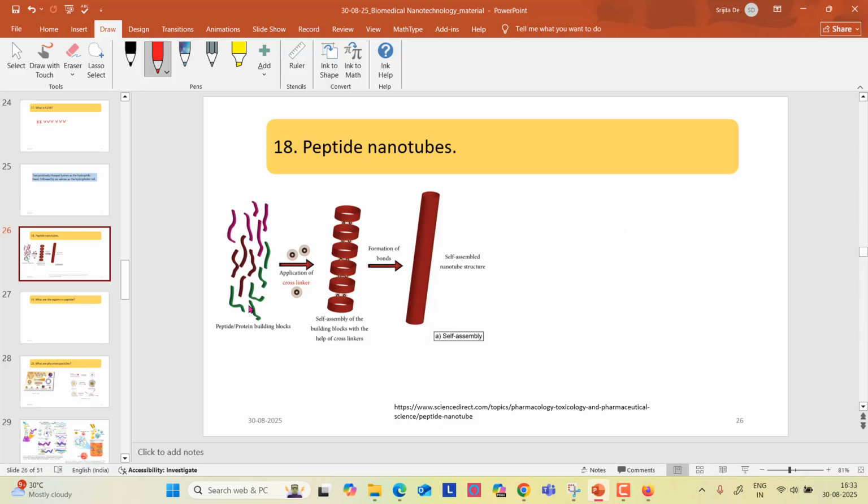So these bonds can be cross-linked and they will self-assemble. Now they will form bonds with each other and form this kind of shape. So this is the self-assembled nanotube structure.